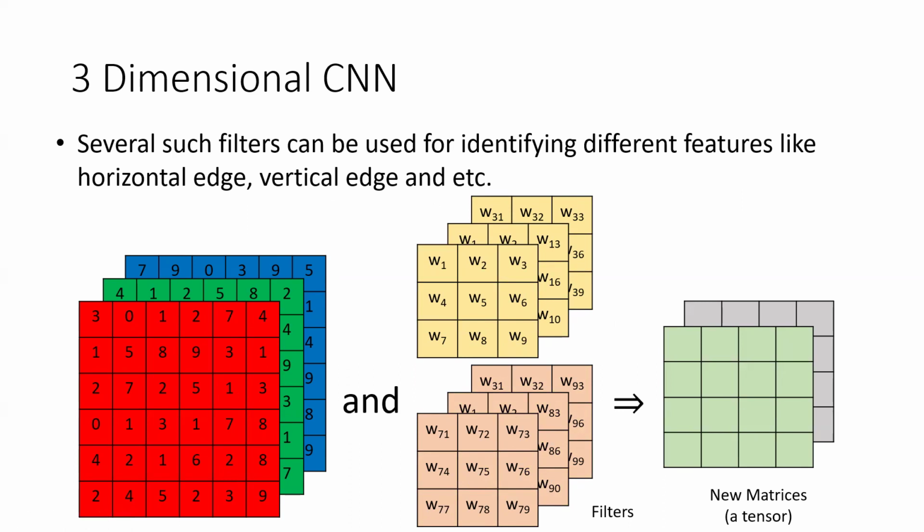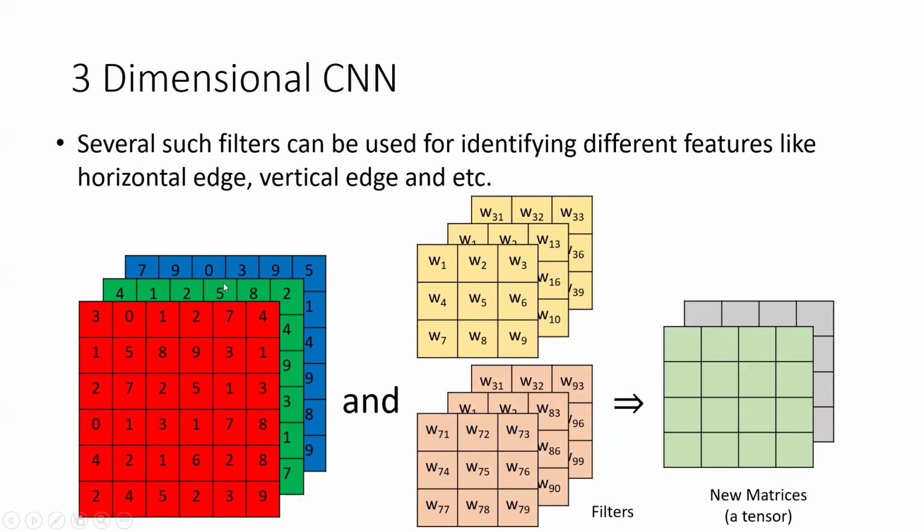So when you have 2 filters, both of the filters will be applied as mentioned earlier. This filter with these 3 matrices, these 3 filters, this is actually a single filter. This one is a single filter. These are 2 different filters, right?